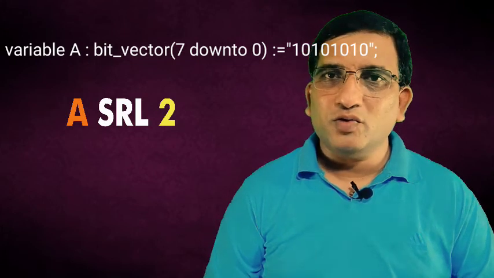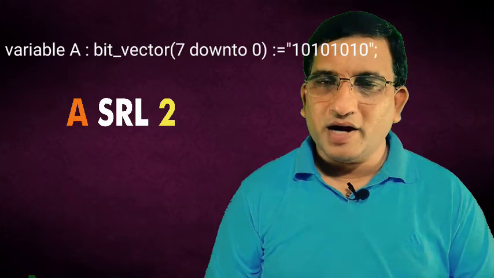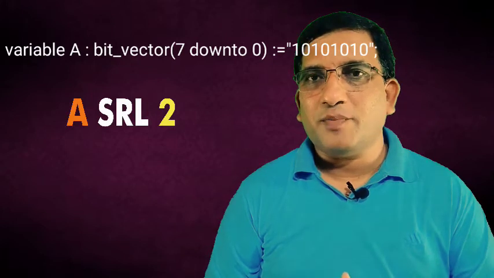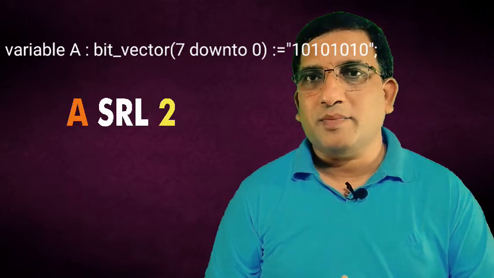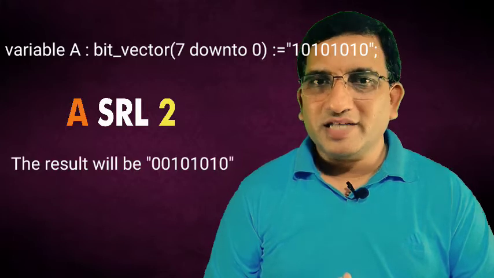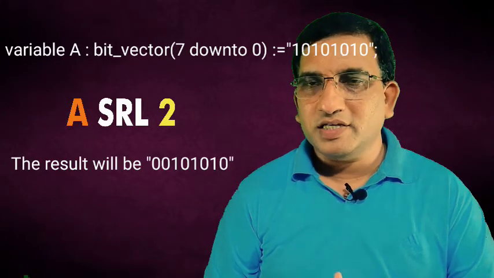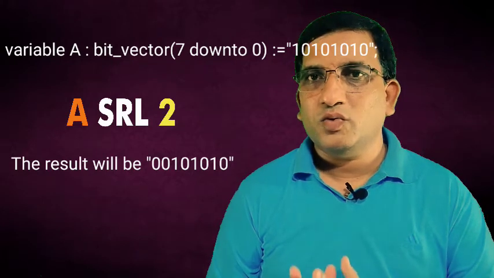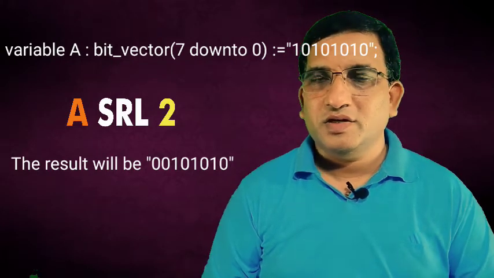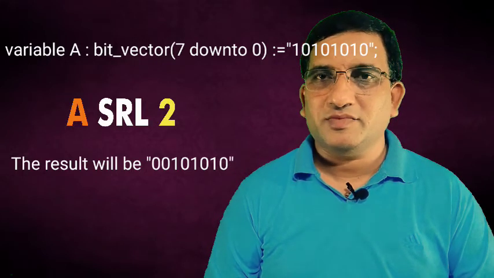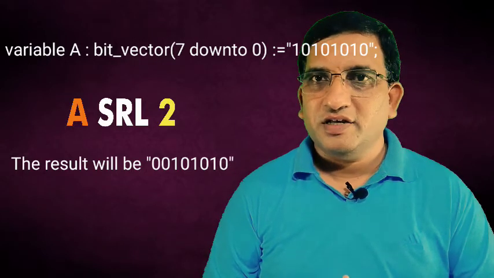As I have told you, I have applied the command A SRL 2. When I apply this A SRL 2 command, the result will be 0 0 1 0 1 0 1 0. That means this SRL operator will shift.